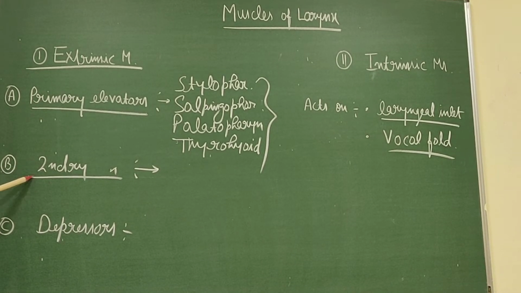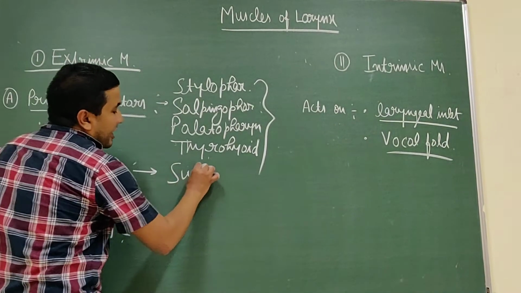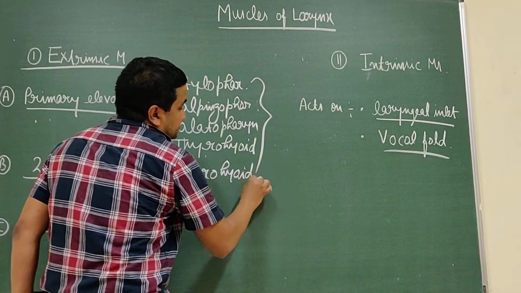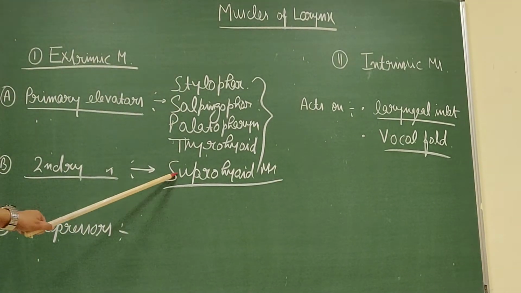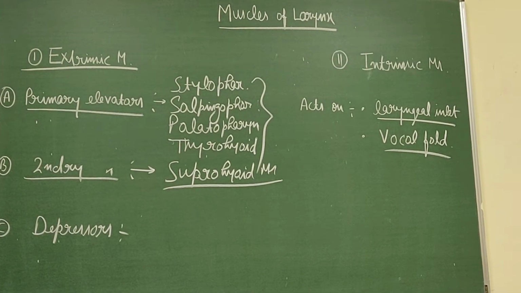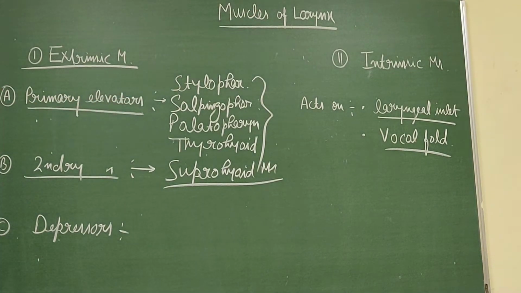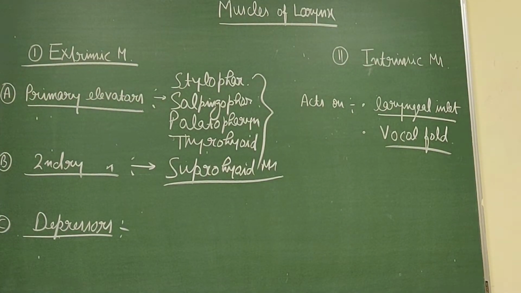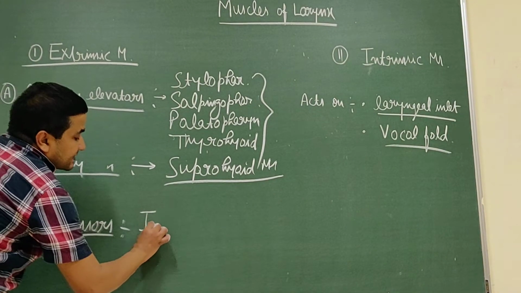So in this group of secondary elevators are the suprahyoid muscles. You should know the names of the suprahyoid muscles, which are categorized as secondary elevators of the larynx. Now the depressors: in this group come the infrahyoid muscles.